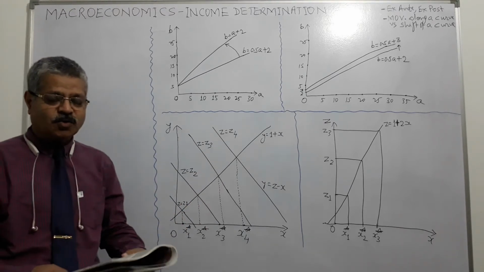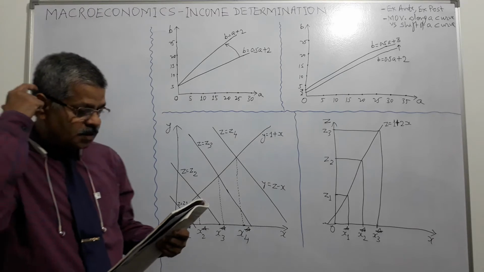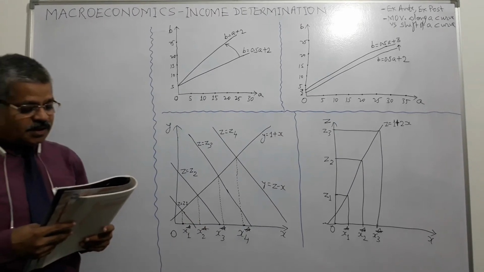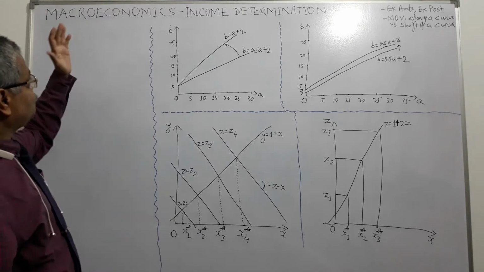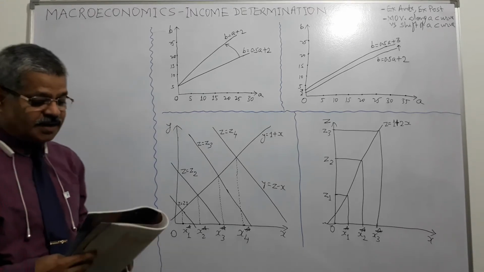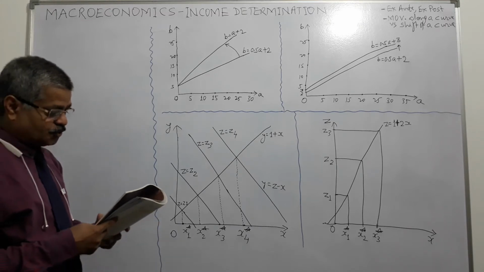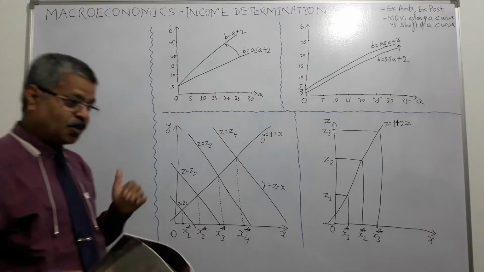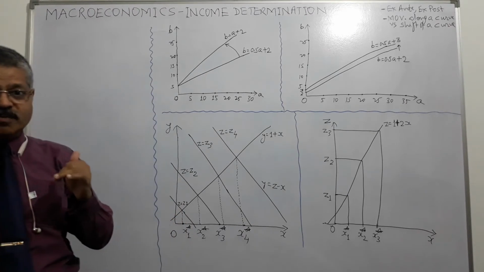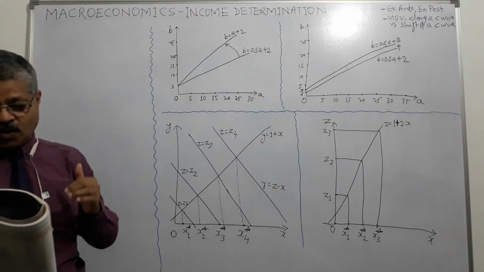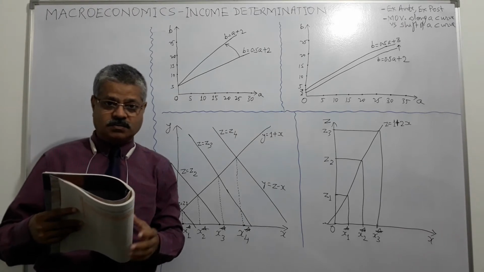So in macroeconomics, what do we do? The basic objective of macroeconomics is to develop theoretical tools, models, as we had discussed earlier. Tools called models capable of describing the processes which determine the values of these variables, right?